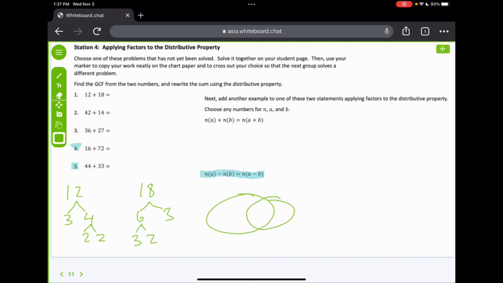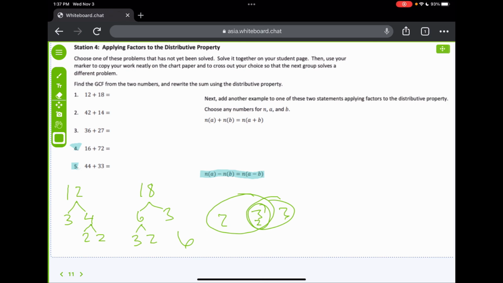So we're going to have 3, another 3, no, not another 3. We're just going to have that 3, this 2, another 2, and then another 3 here. So we would have 6 as the greatest common factor.